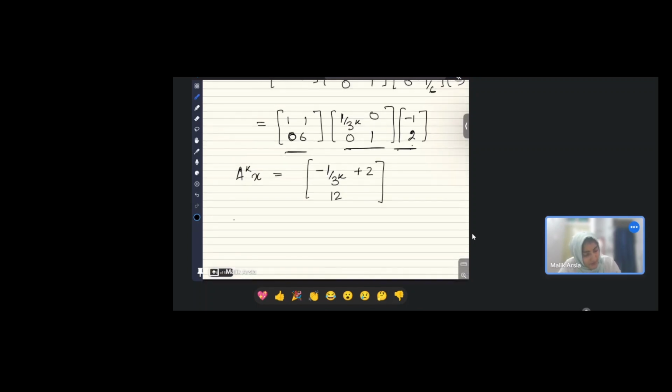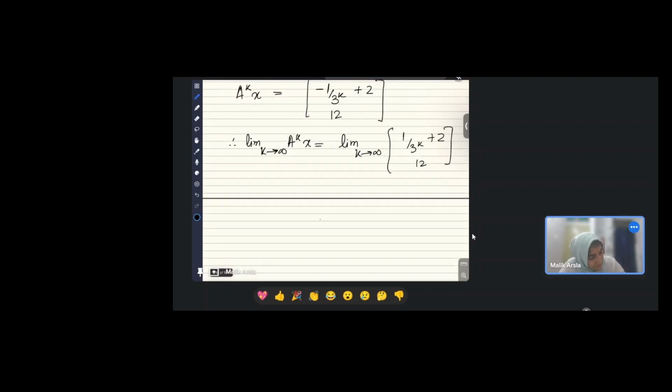So now taking the limit k tending to infinity, A to the power k x is nothing but the limit k tending to infinity of this expression. You can take the individual limits for vectors, you already studied that.